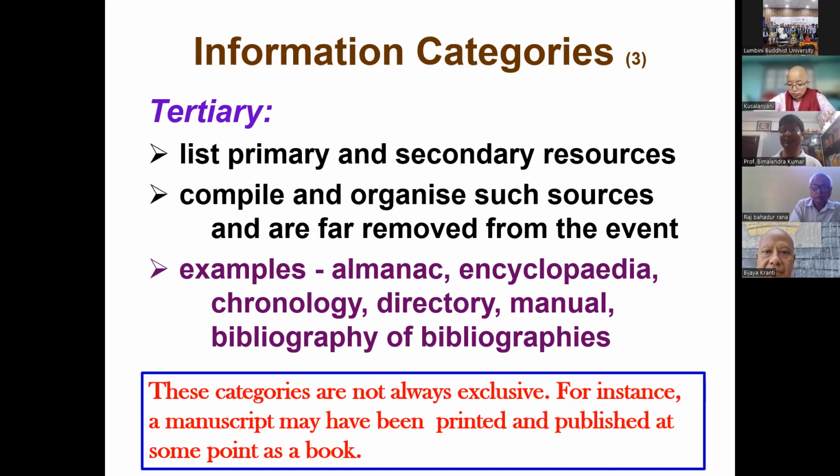If you go through a thesis, you will find that at the end there is a bibliography. First there will be primary sources, then secondary sources, and lastly tertiary information. Encyclopedias, dictionaries, manuals, directories, and information accessed online through Google websites must be given as tertiary information.